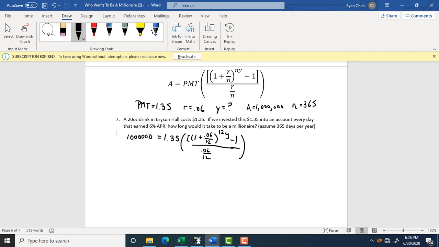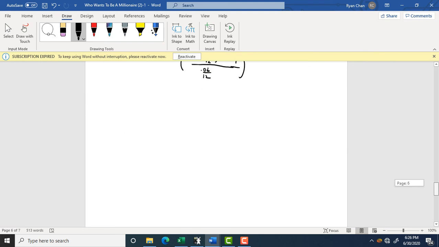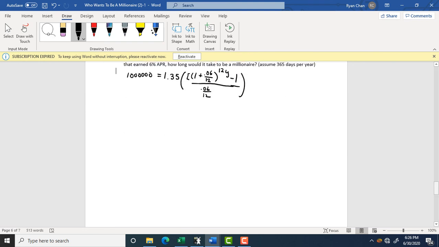So what I want to do here is I want to get rid of this $1.35 first. So I'm going to divide both sides by $1.35.